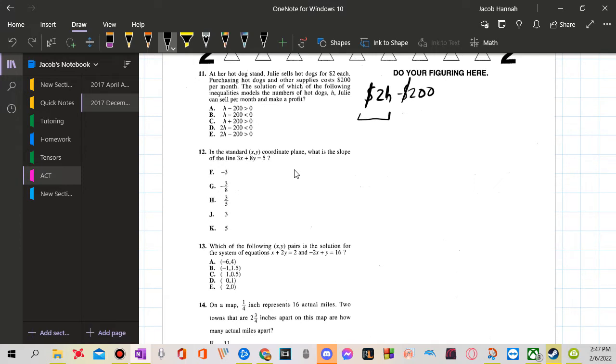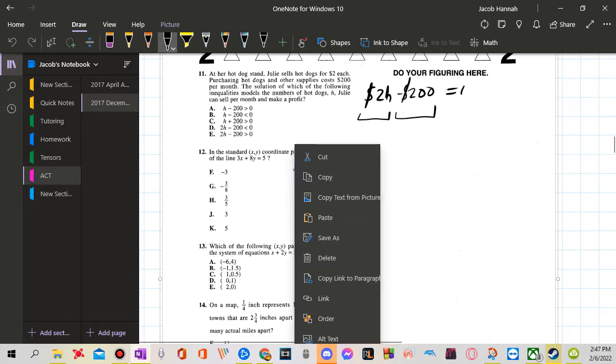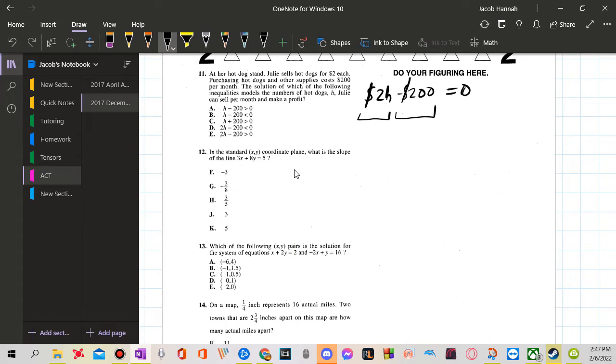And she has to put some supplies in. Then you have to subtract however much you put into that from the total amount of income that you made. So that's going to be greater than 0.